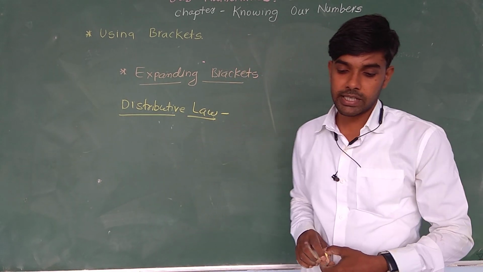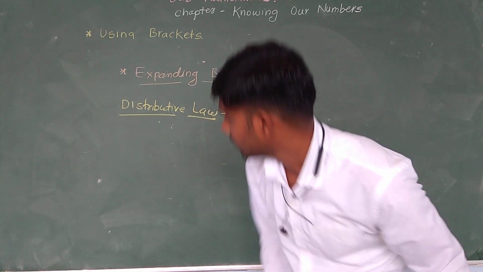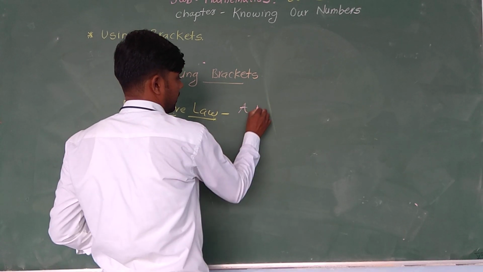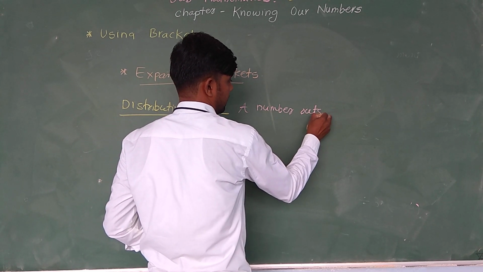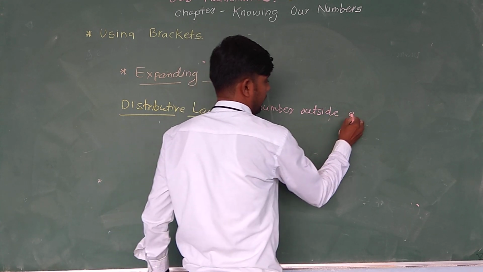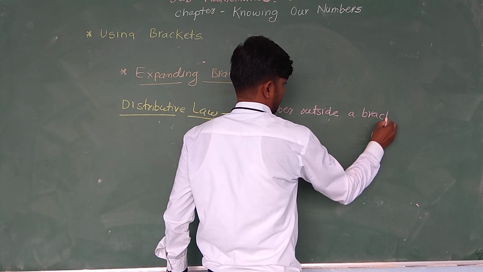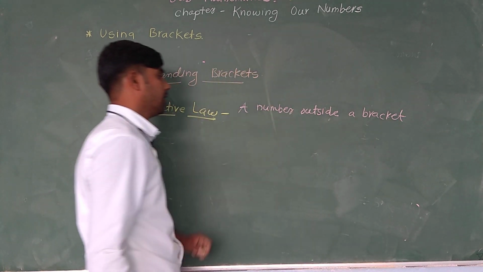A number outside the bracket. So what is the distributive law? So write down: a number outside a bracket, distributive law. So write down the distributive law.